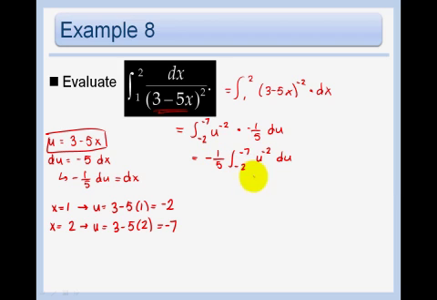If you'll remember from the previous section that the integral from a to b of f of x dx is the same as negative the integral from b to a of f of x dx because I'm going in the other direction. So just go ahead and do the same here. We'll switch these bounds to negative 7 to negative 2 and we'll multiply by negative 1, so I just get a positive 1/5.